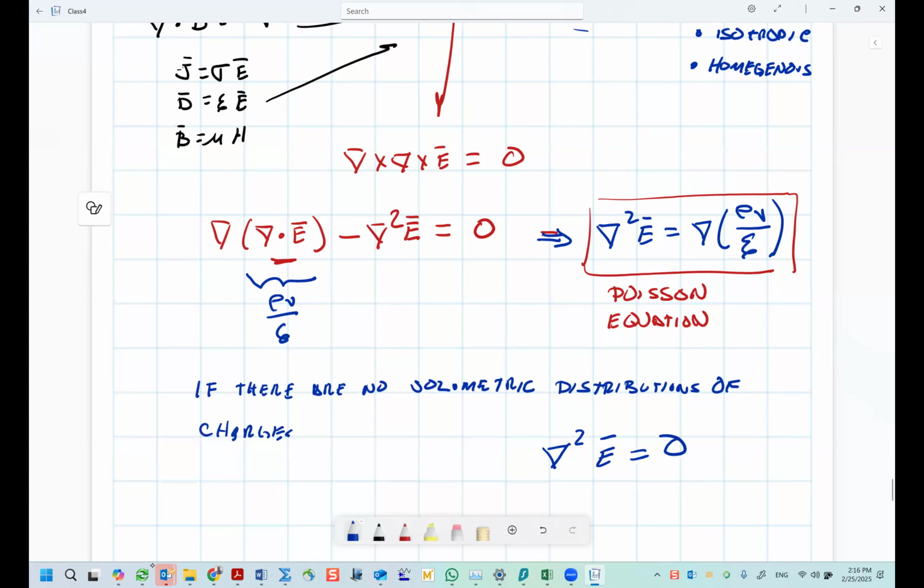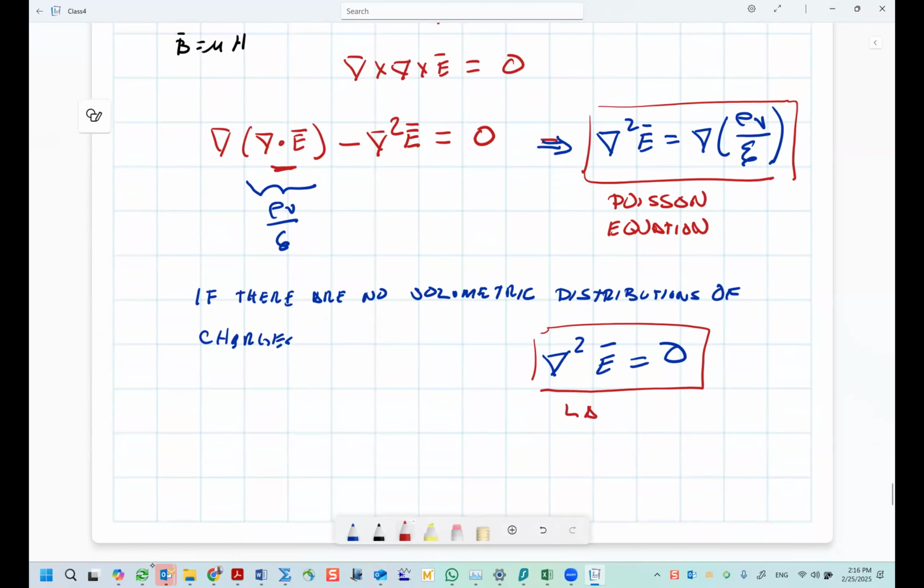And this is the Laplace equation. Both of those equations can be solved.